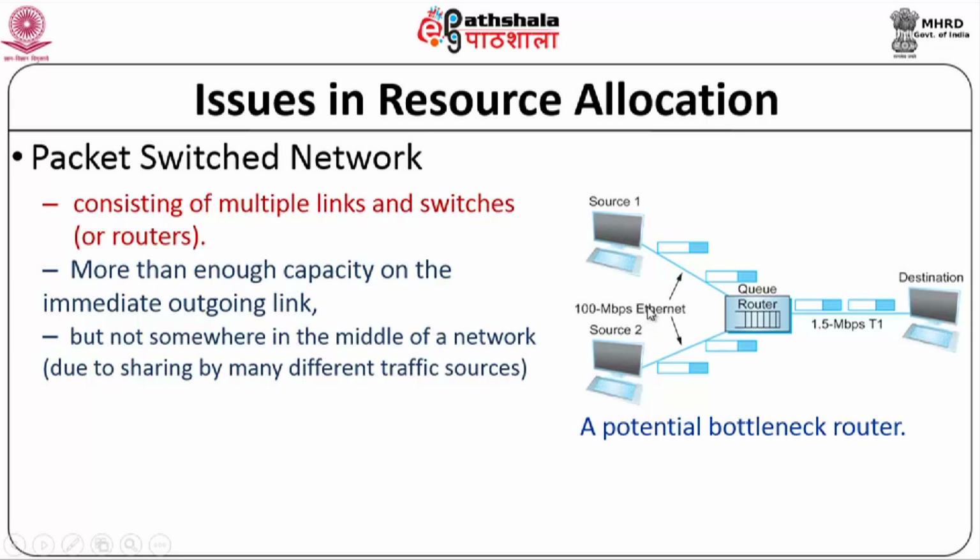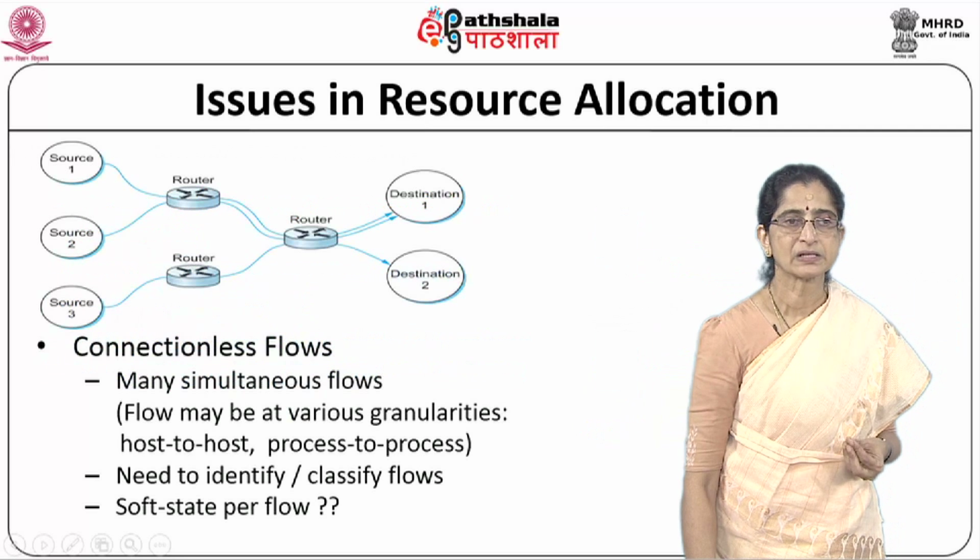Let us say these edge nodes are connected by means of 100 megabit per second links to a switch here. Now this switch is connected to a destination or to another router using a 1.5 megabit per second link. Here I have enough bandwidth, but this router, since it can send data out only at 1.5 Mbps while receiving data at 100 Mbps, will become the bottleneck. Naturally, the output is slow, therefore packets will start queuing up at this router. This obviously is our major problem.